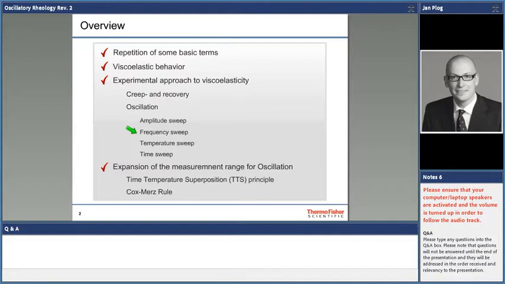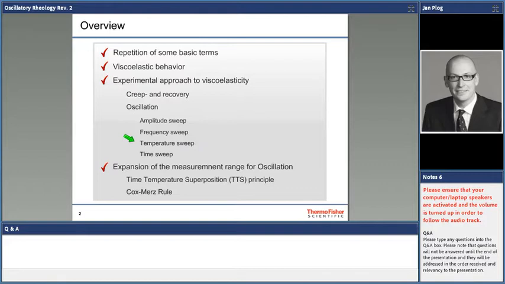Again, always keep in mind that everything I'm talking about here today is meant for you to mimic the reality that you have to face best, meaning that we don't want to measure just something in rheology on our rheometers, but we want to mimic a certain product's behavior towards a certain application or processing step. And those are always speed related.